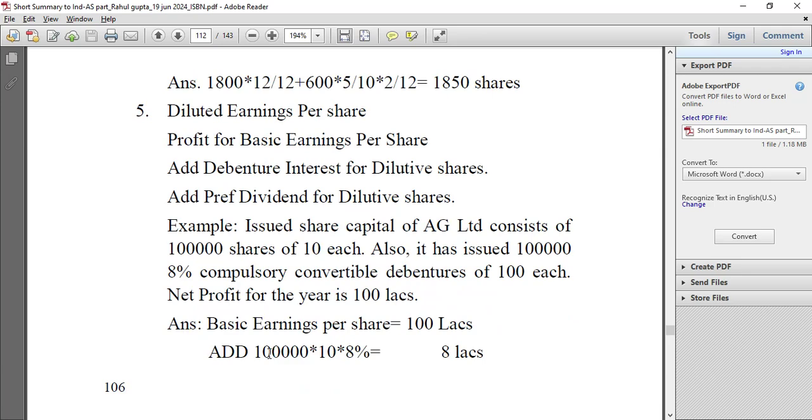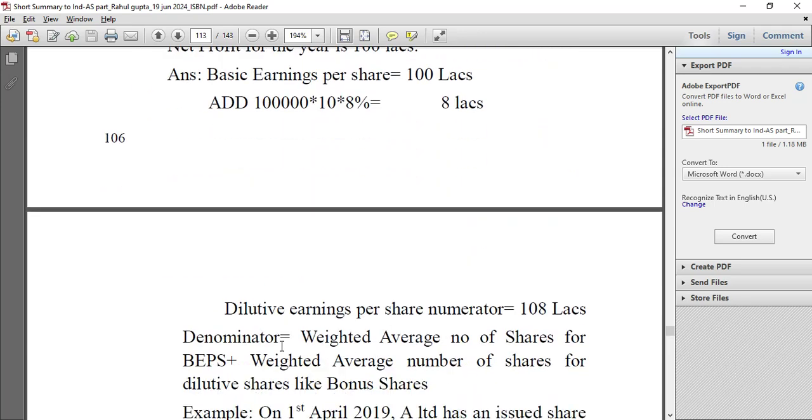Add debenture interest: 1 lakh into 100 into 8%, that is 8 lakhs. Diluted earnings per share numerator would be 108 lakhs.